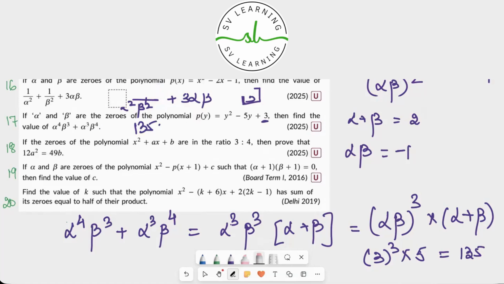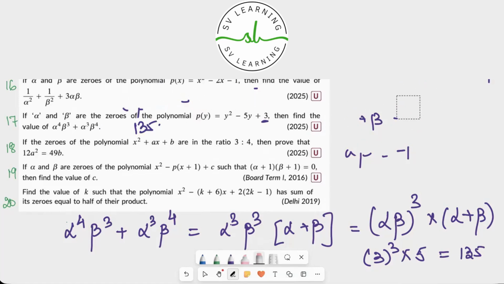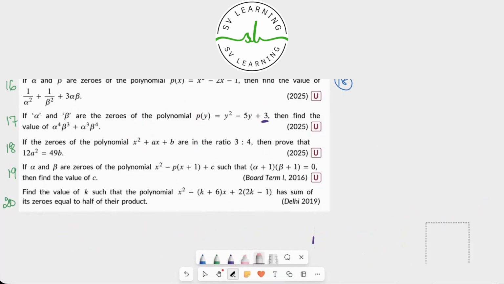So then now let's see question number 18. If the zeros of the polynomial, yeah, this is a good question. So if the zeros of the polynomial are in the ratio 3:4, so that means alpha is taken as 3x, beta is taken as 4x. And we need to prove that 12a square is equal to 49b.